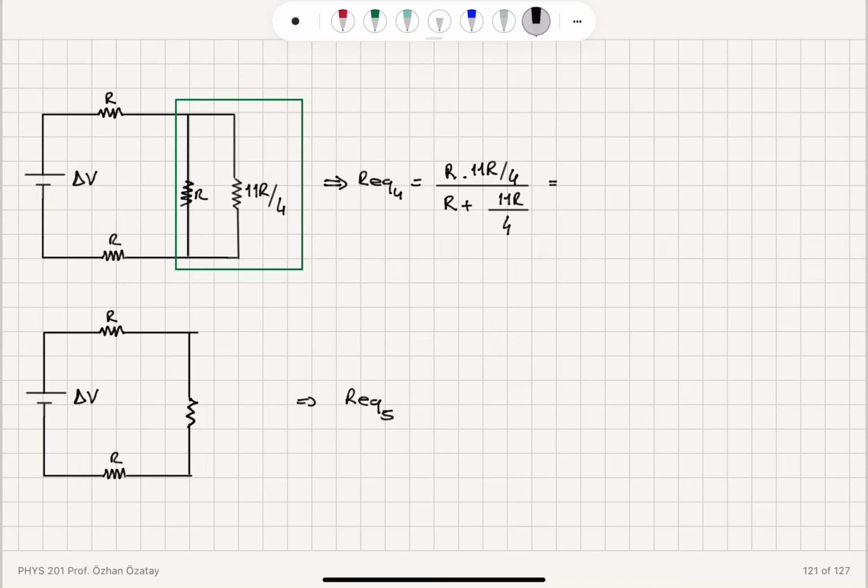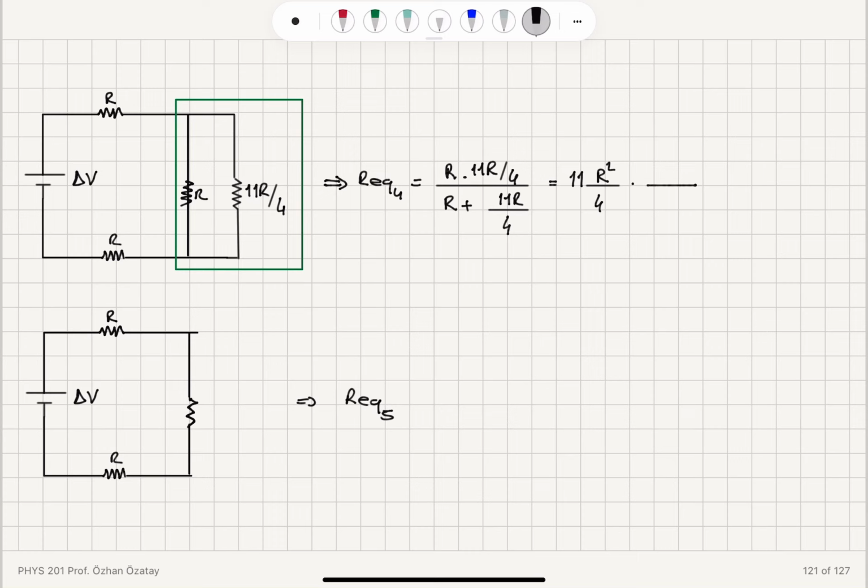So this will give us 11R squared over 4 divided by, so this summation will be 4R plus 11R, 15R over 4, and then take the reciprocal.